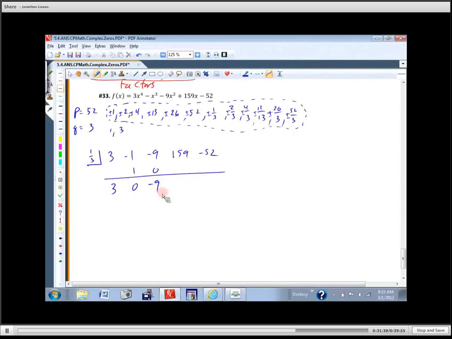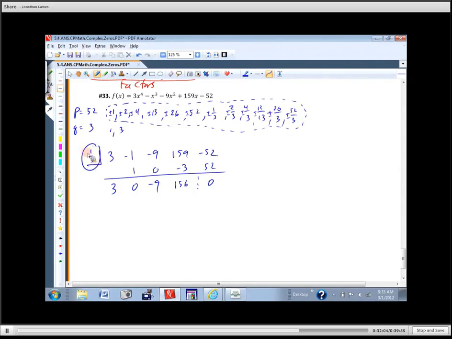That's a negative 9. Well, this is good because 1/3 of negative 9 is negative 3. So this is going to be 156. And then we're going to multiply by 1/3, and that's going to be 52. So we end up with 0.